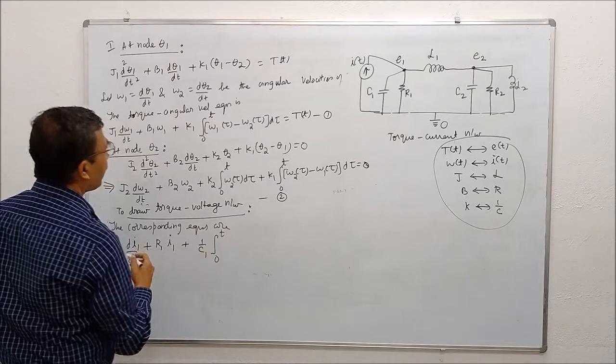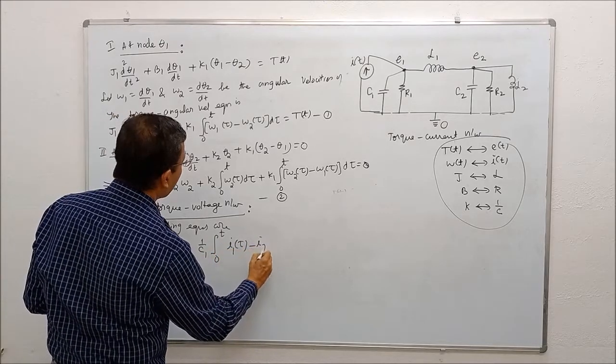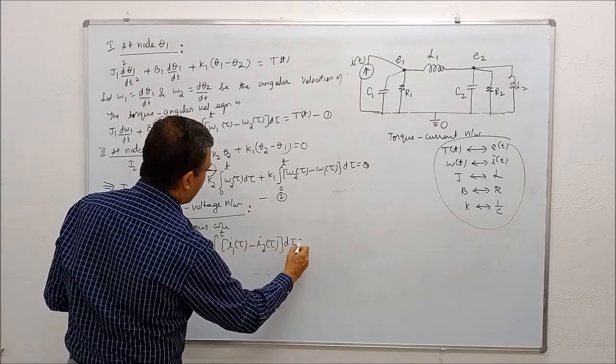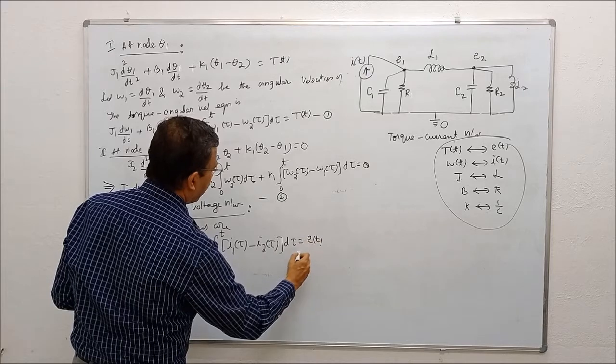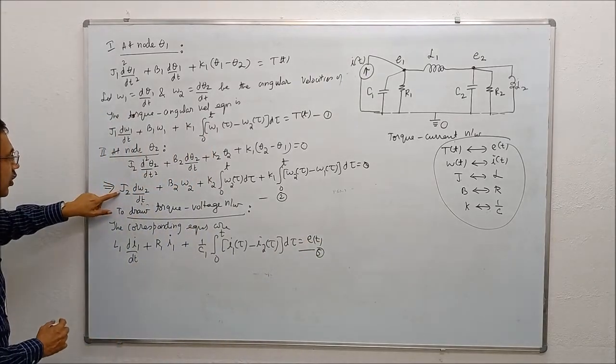Integral 0 to t of (I1(τ) − I2(τ)) dτ is equal to E(t). Equation number 5.